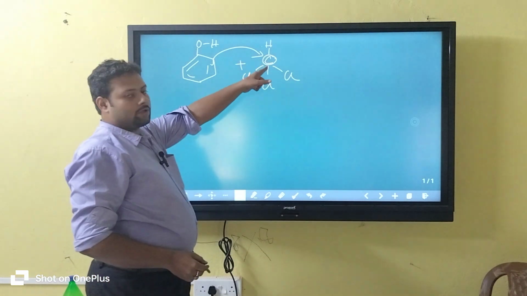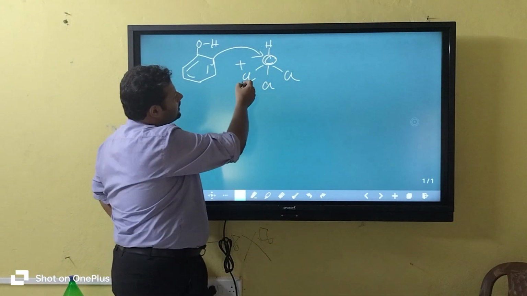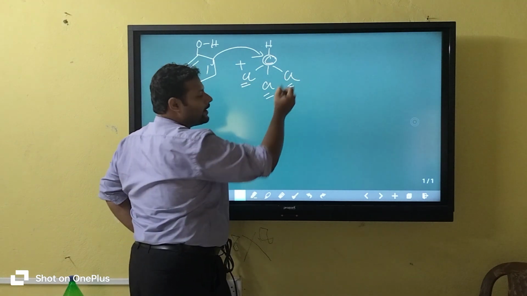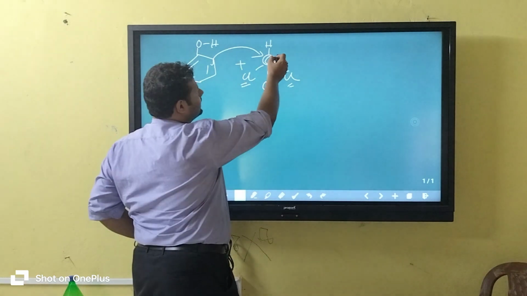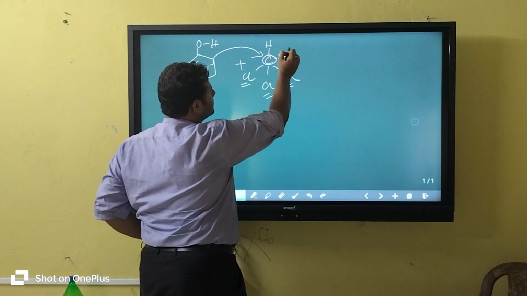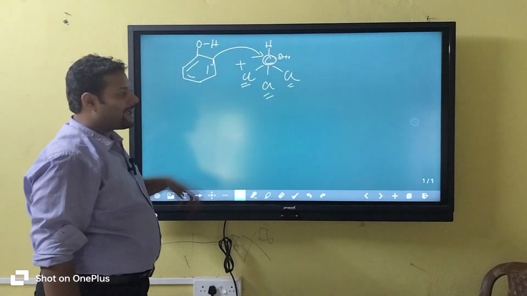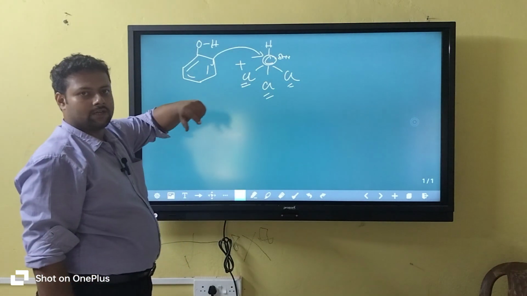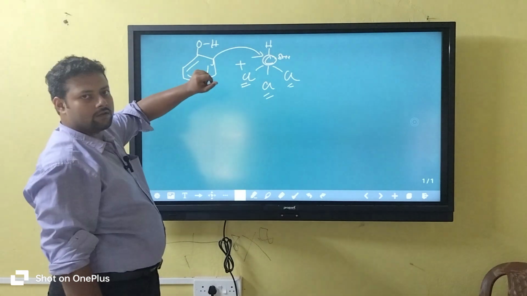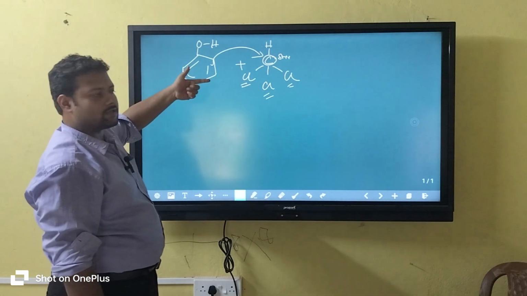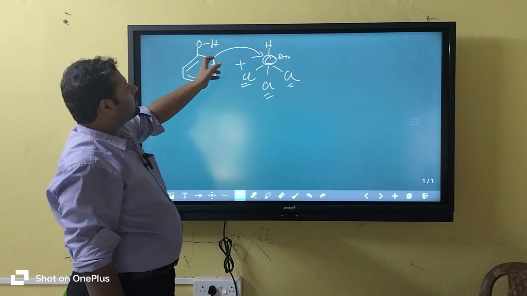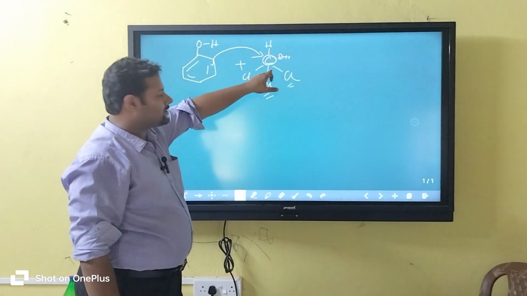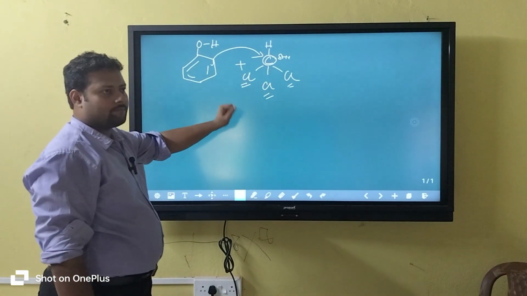Why does this carbon get attacked? Because here we have 3 chlorine atoms attached to the carbon, which makes this carbon very electron deficient. And as the ortho position has an excess of electron density, the attack takes place on this carbon atom via the ortho position.